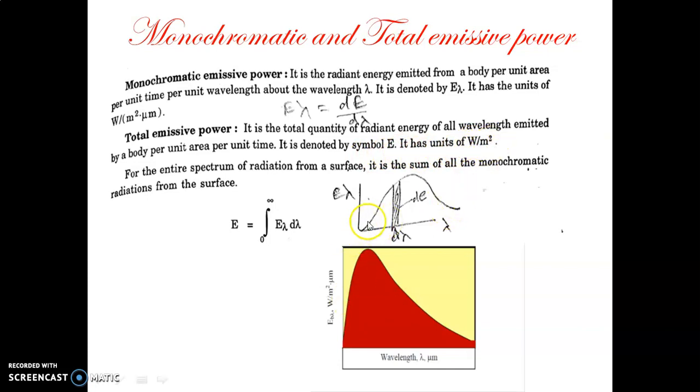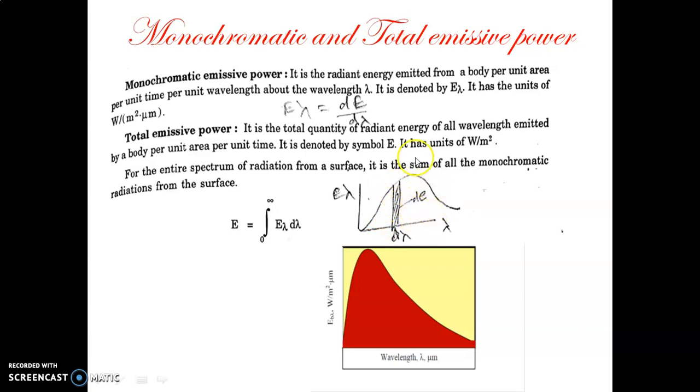So any surface can emit wavelengths from 0 to infinity, meaning different micron wavelengths.